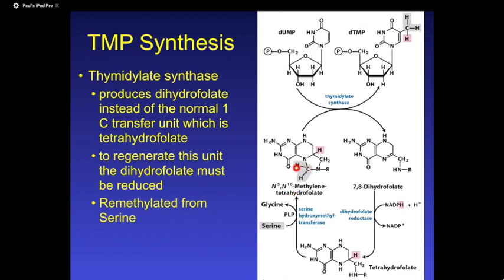This carbon of the methyl will come from a methylene that is bound between the 5 and the 10. We will then get an intermediate that has to be regenerated. This will give the TMP that we want. We have to use NADPH to reduce this bond, and then we have to re-give the carbon coming from serine back, ready to react.